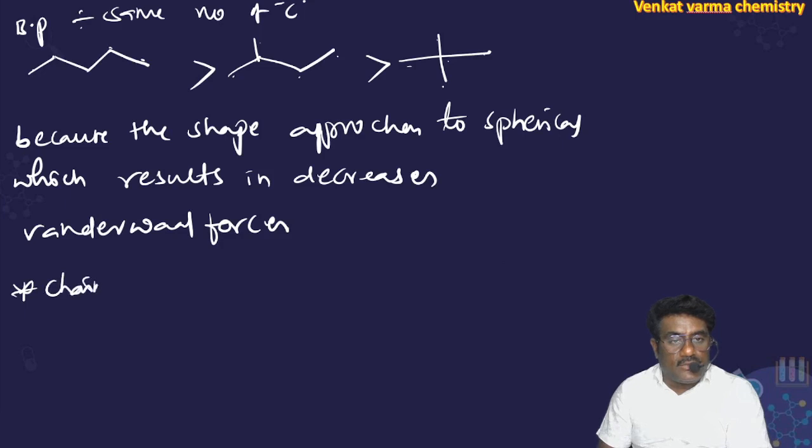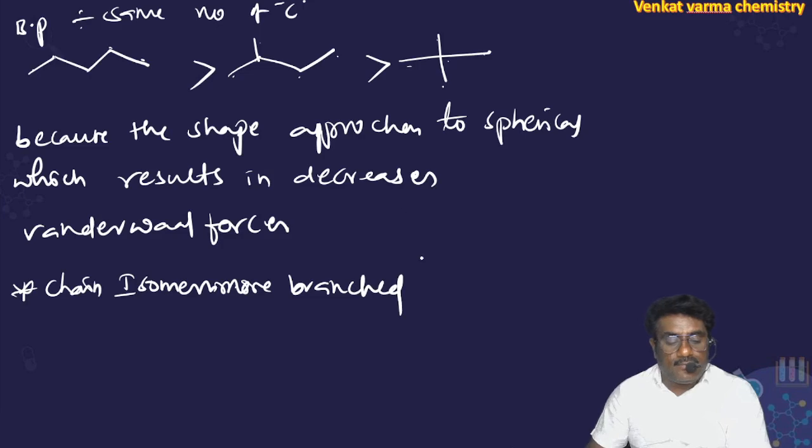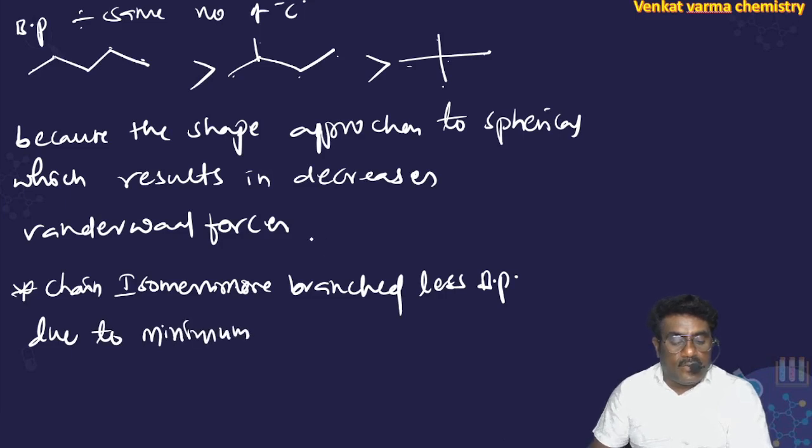Chain isomers that are more branched have a lower boiling point, due to minimum surface area and weak intermolecular forces.